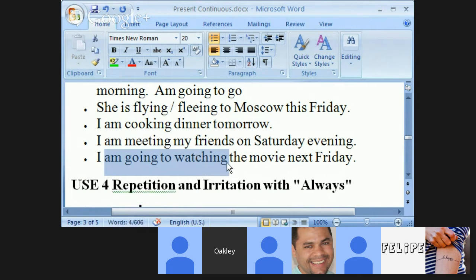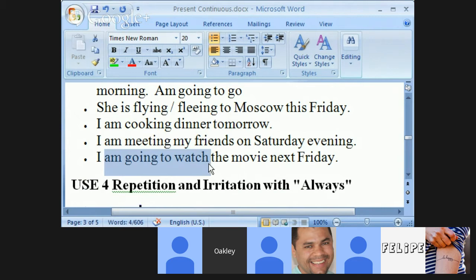This is the present... actually, if you got rid of the ing, this would be future simple verb tense. We can use will. I will watch the movie next Friday. I'm going to watch the movie next Friday. The fact that you use this future simple means that it's a plan.